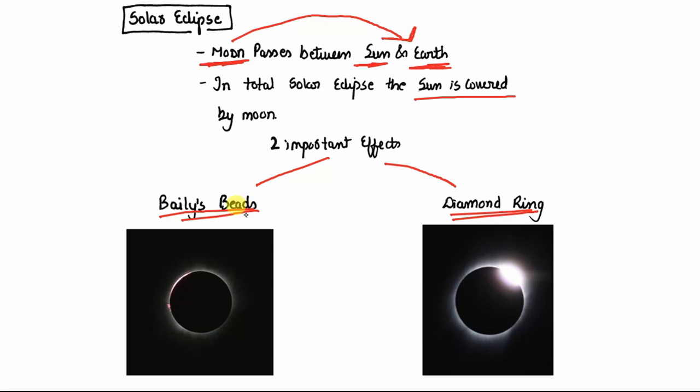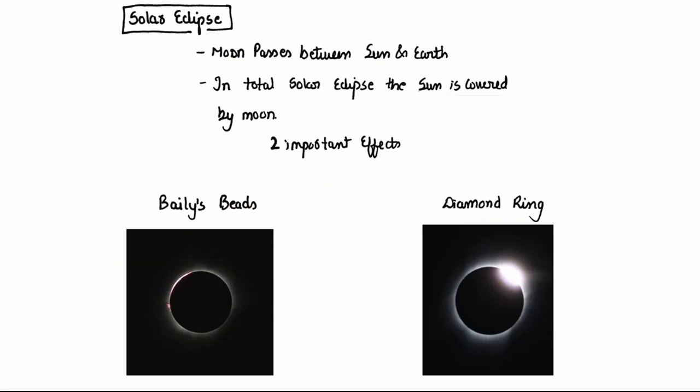In Baily's beads, what happens is, as the moon passes the sun during a solar eclipse, it allows beads of sunlight. You can see here, beads of sunlight are visible only in some parts and not visible in other parts. So this is called Baily's beads. And the other one is the diamond ring.